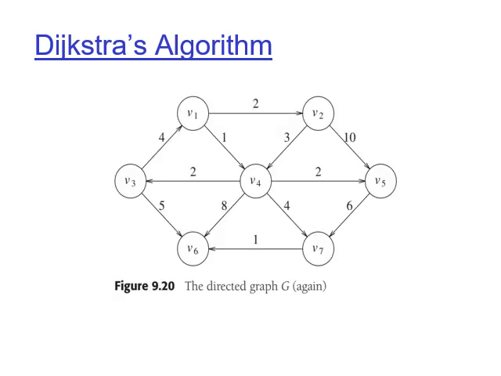To understand the working of Dijkstra's algorithm, let's look at figure 9.20 of our book, the directed graph. It's a weighted directed graph. I recommend all of you to draw this graph on your notebooks. Once we have drawn it, then we can keep track of the working of our algorithm.